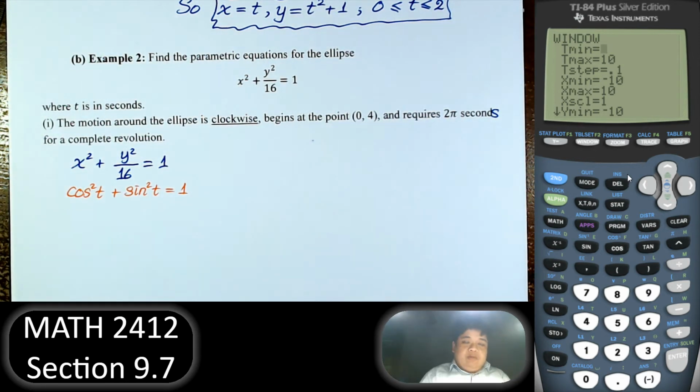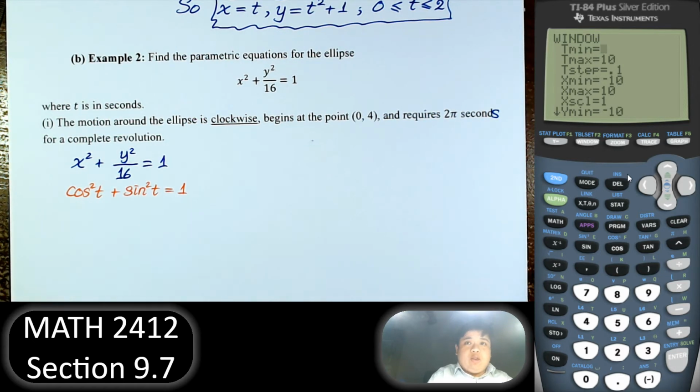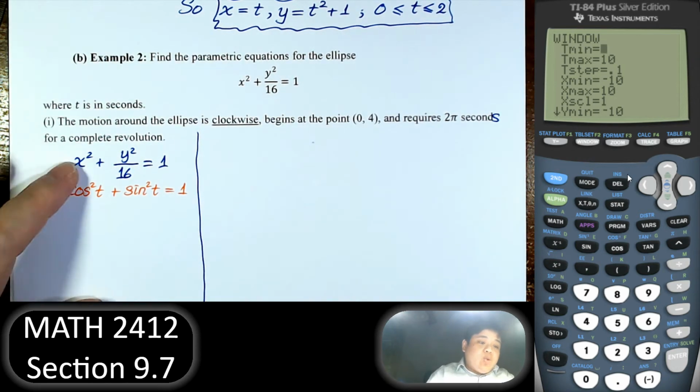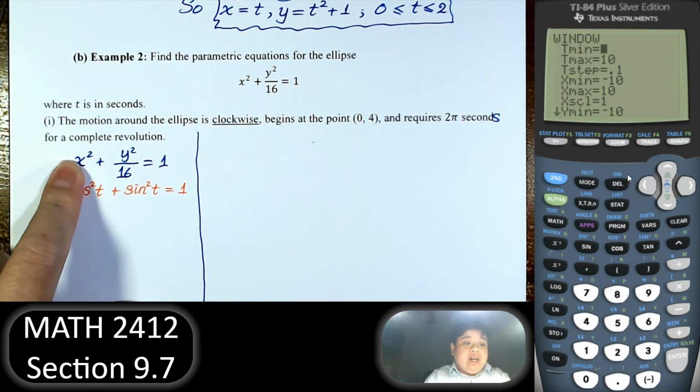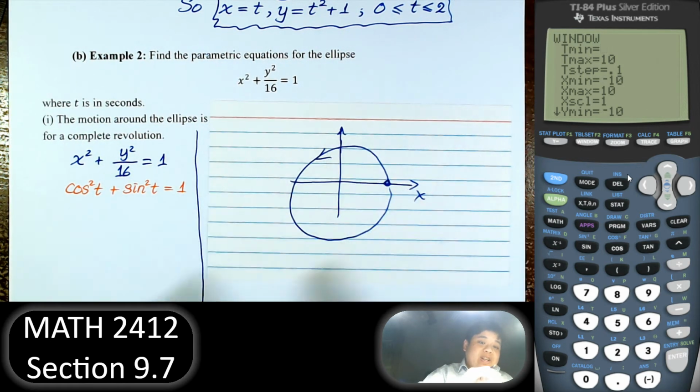Now, naturally, we will let one of them equal cosine squared and one of them equal sine squared. But the key is, which one is which? Do we let x squared equal cosine squared, or x squared equal sine squared? I asked you that question earlier.